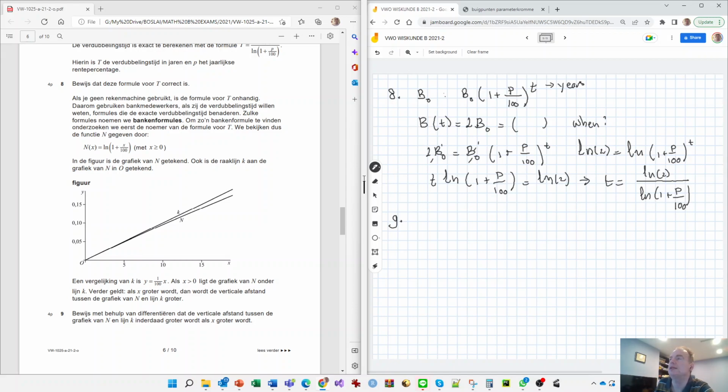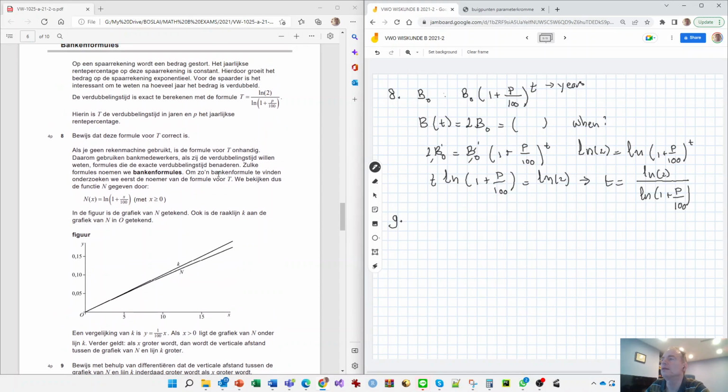They say that this is not an easy equation. So in the banking world they use an approximation which they call bank equations.